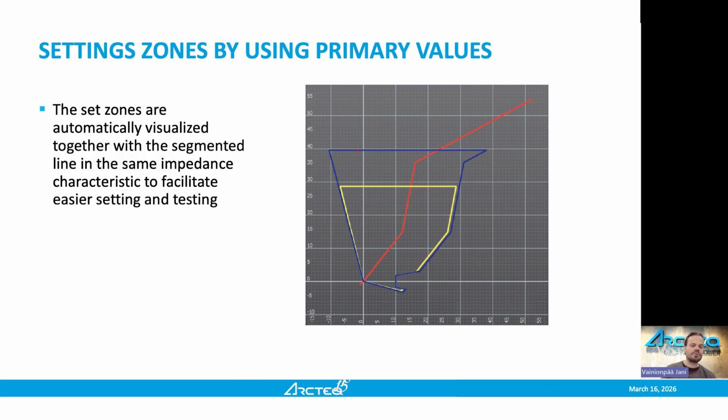And since we choose that this is our protected line here, and since we choose that both zones are following all line segments, we can say that when the line segment 1 ends, the resistive reach angle also changes, and the resistive reach angle also changes here again.